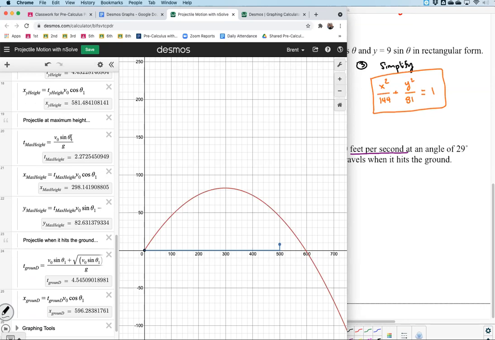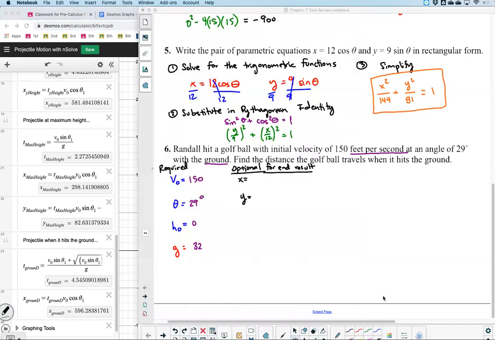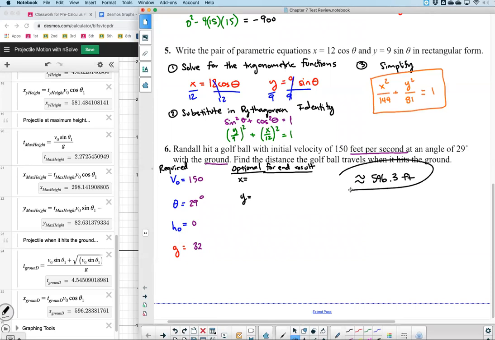Those are programmed to always give you the answers. We're looking for when it hits the ground. This is how much time it takes, 4.5 seconds. And this is the distance, 496.3 feet. I'm going to round, and I will say that is approximately 596.3 feet is the distance that golf ball travels.